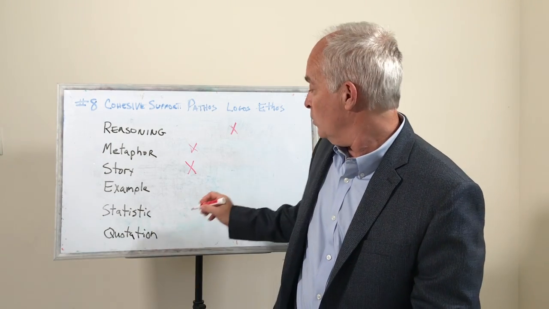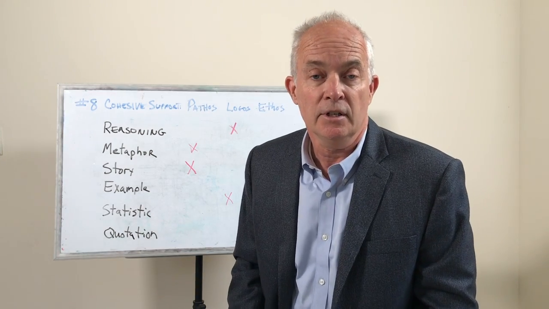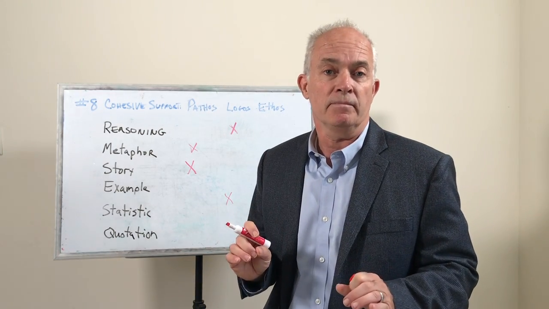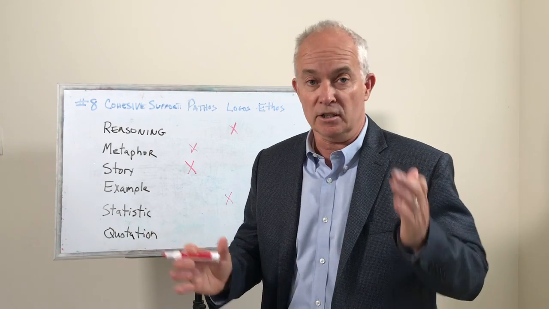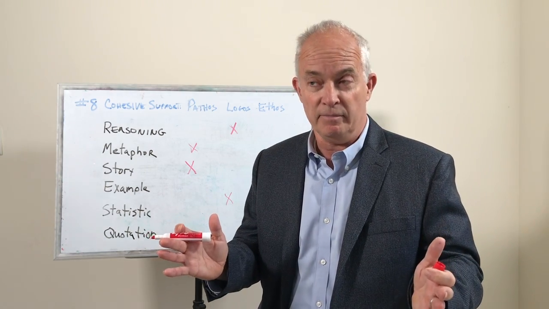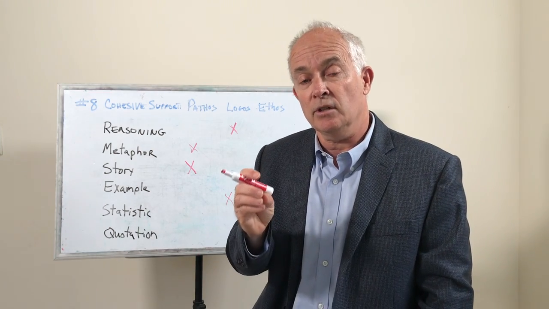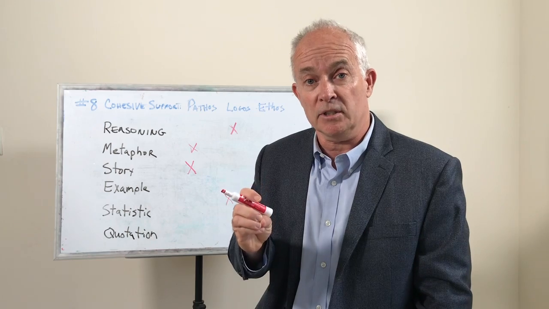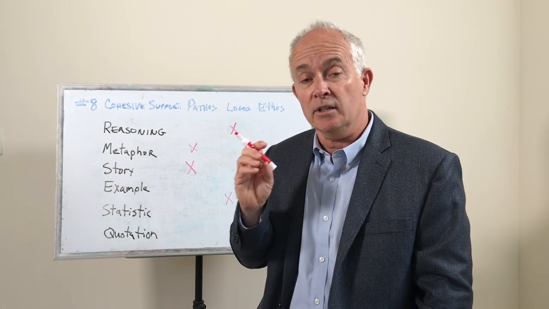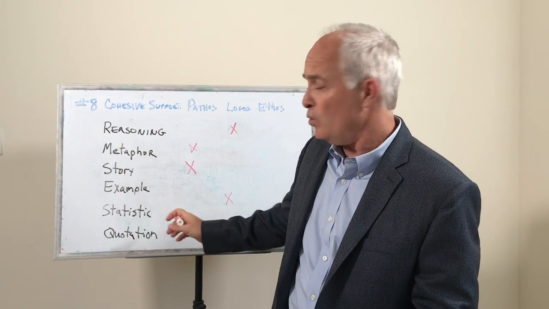Statistic would generally be more logos, and the thing about statistic is don't use them very often. Use statistics sparingly. They really bore the audience if you use too many of them. So just don't use them very often. When you do use statistics, I encourage those that are preparing a presentation to not only use statistics sparingly, but also round up.